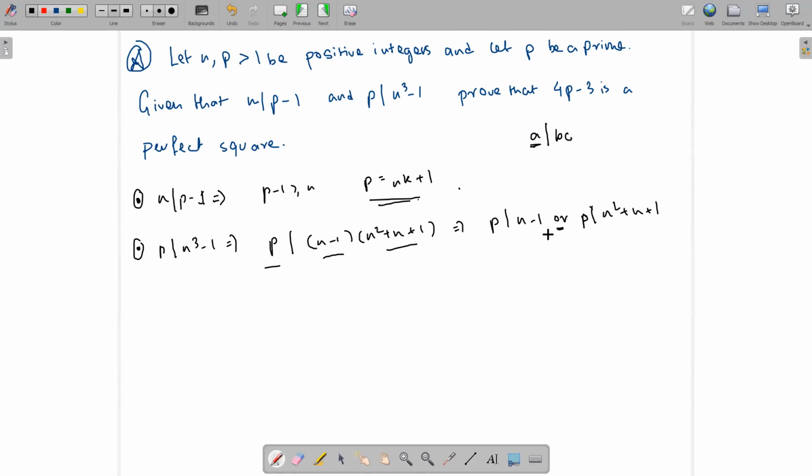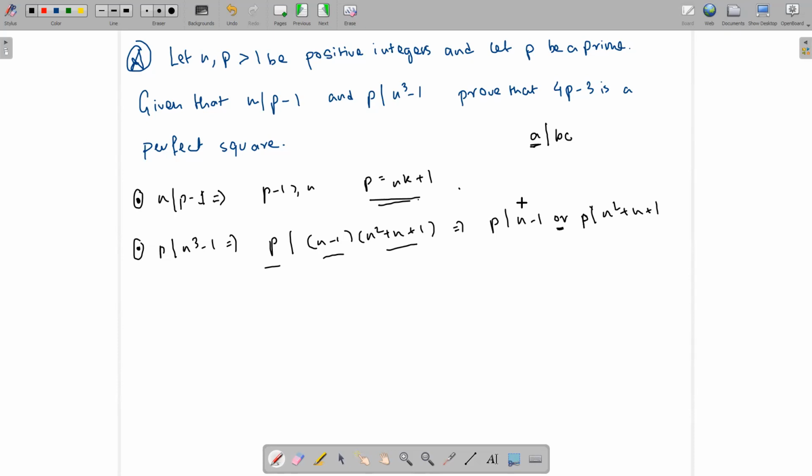P divides the whole thing, so P square might also divide the whole thing. So P might divide both of them. Yeah, we can say or, but not necessarily XOR.